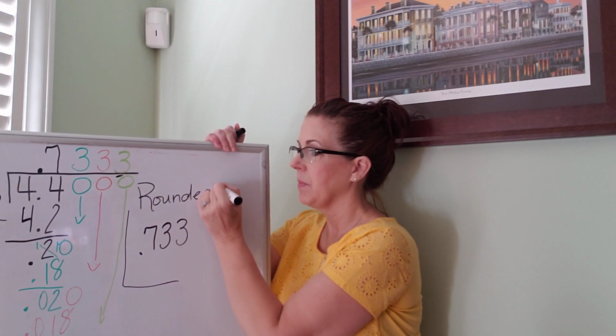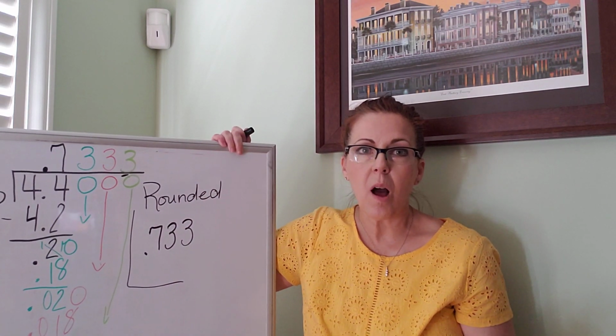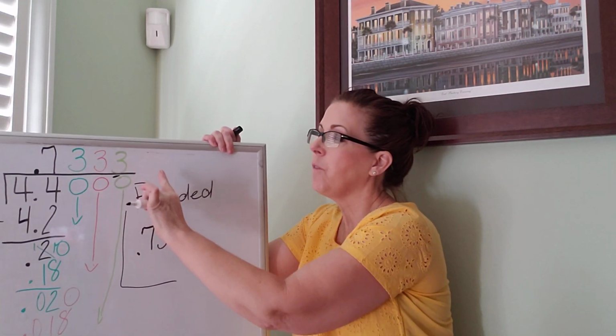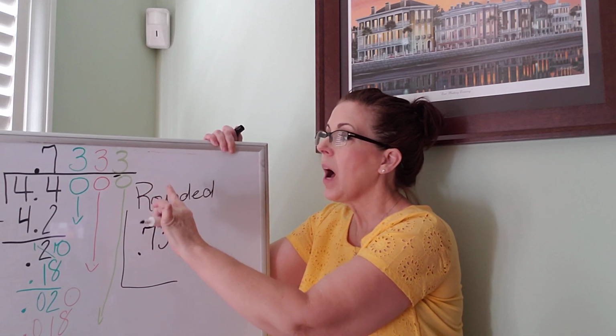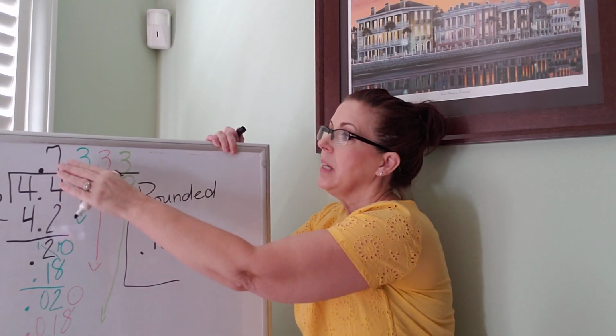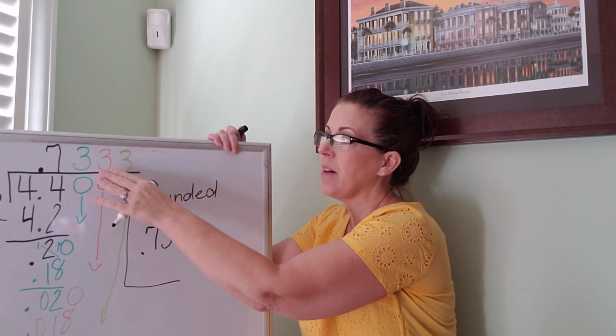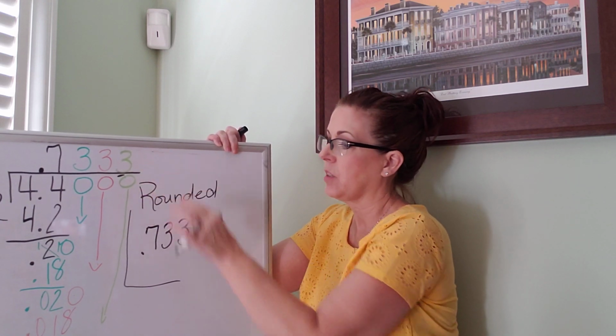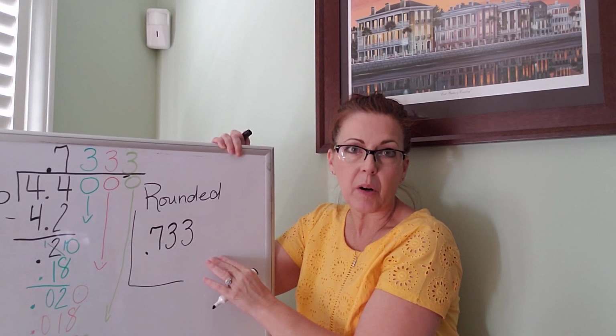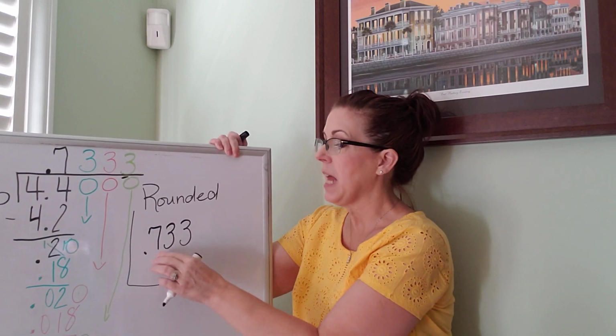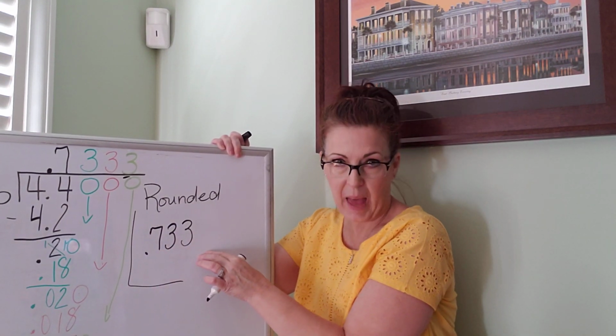So you have to go long enough that you have 4 digits to the right of your decimal point: tenths place, hundredths place, thousandths place, millionths place. When you have your rounded number, you won't have all of that. You'll just have the tenths, hundredths, and thousandths.